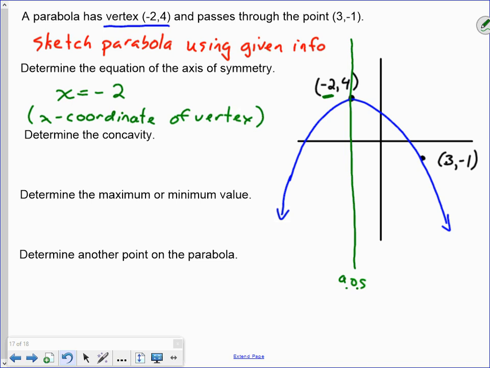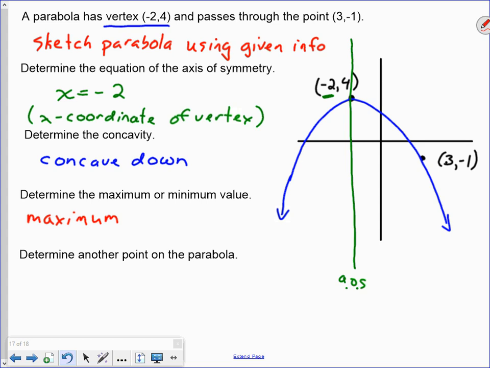Okay. Determine the concavity. Well, we discussed this a little bit, and we figured out that it could not be concave up. It had to be concave down. That is the only way that it was going to meet up with that other point that we had there. If it is concave down, we know that this is going to have a maximum value. And just looking at this graph, we see that it starts down low, goes up to a maximum value, and then turns around and falls down again.